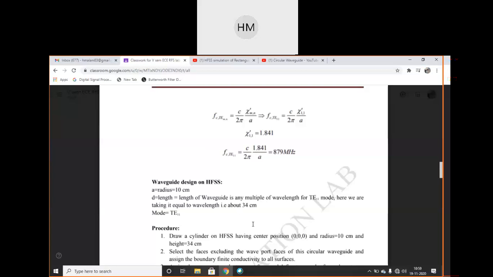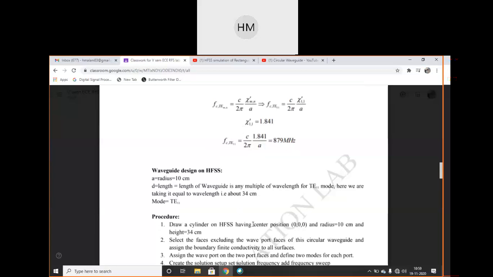What is the procedure? Open the HFSS software, choose a driven model, then draw a cylinder on HFSS having center position 0, 0, 0, radius 10 centimeter and height 34 centimeter.